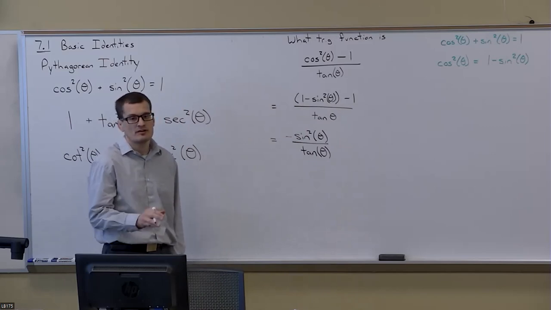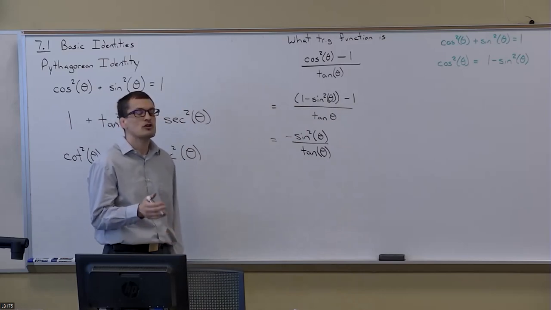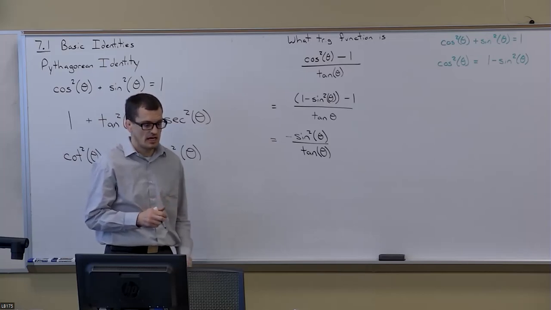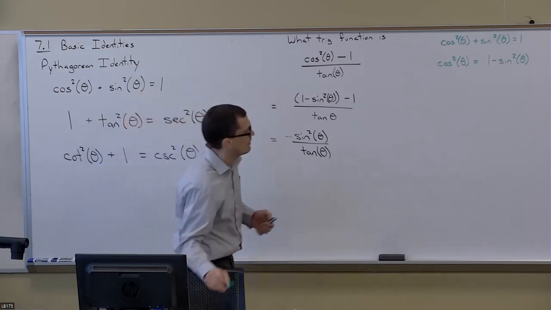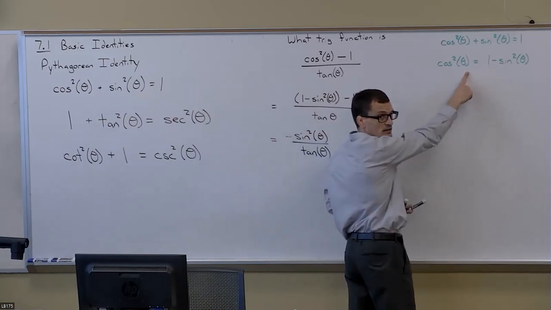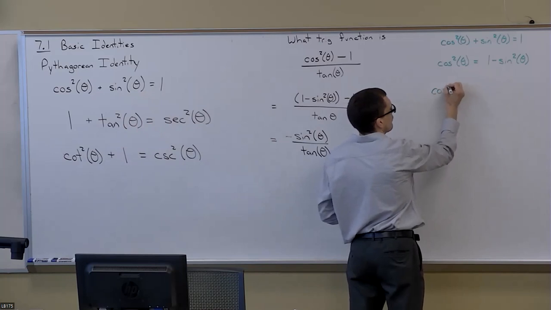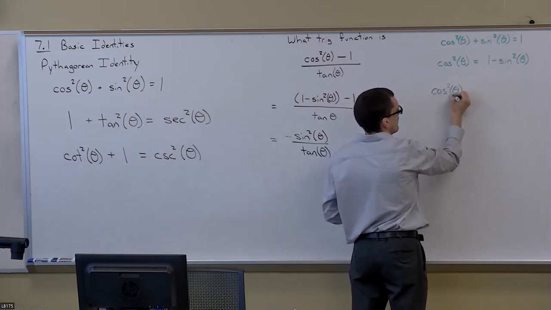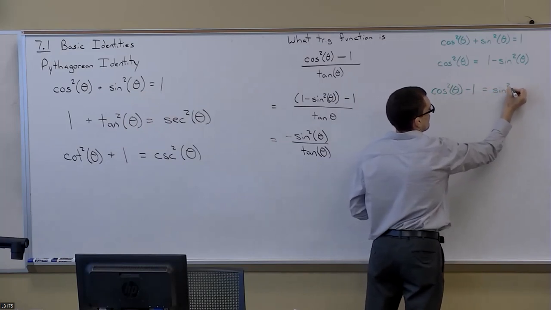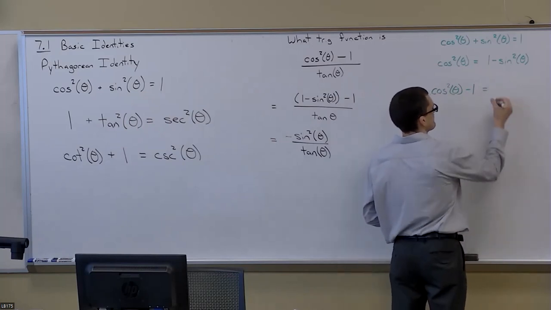Now, before I go any further, I do want to mention I could have done another substitution in this case. I could have, if I wanted to, subtracted the 1 here and then said cosine squared of theta minus 1 is equal to negative sine squared theta.